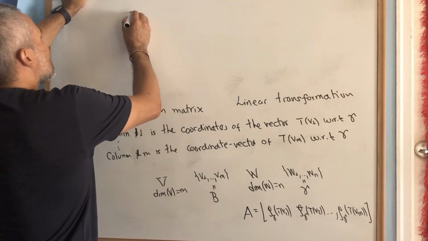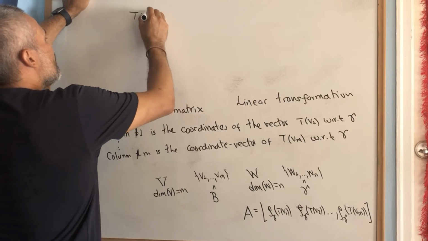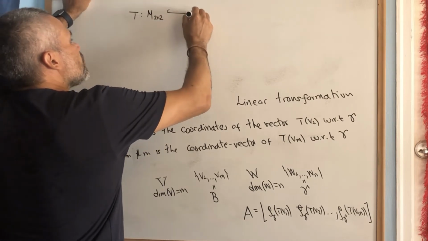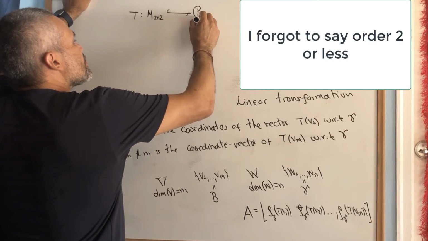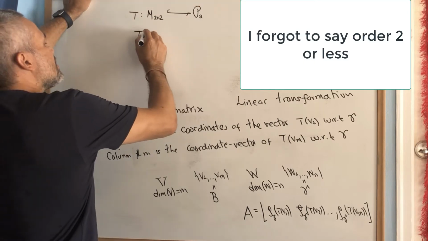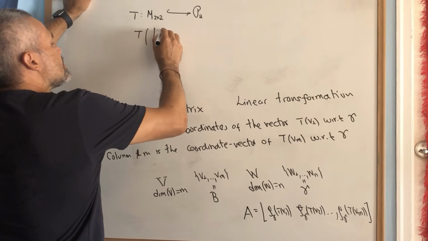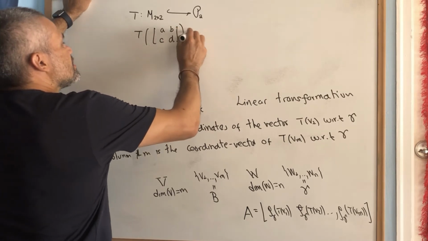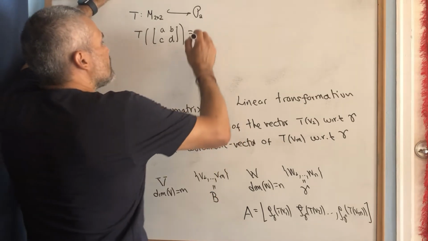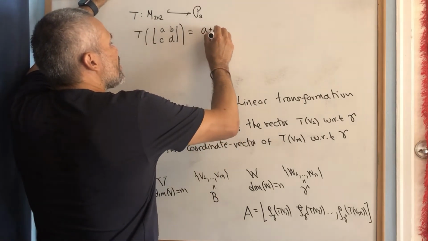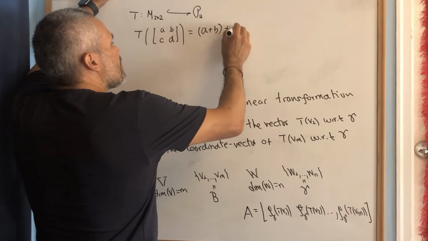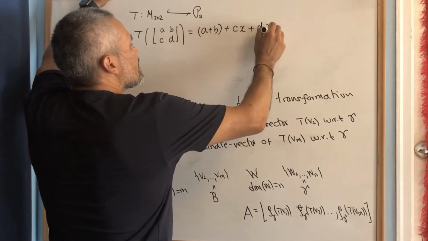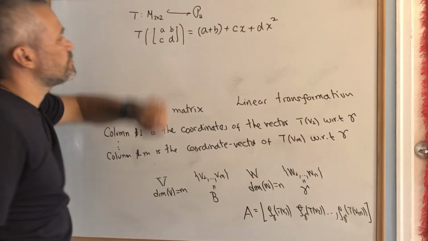Let's consider this transformation from 2 by 2 matrices into polynomials of degree at most 2, and let's suppose that T of the matrix a, b, c, d is equal to a plus b plus c times x plus d times x squared.